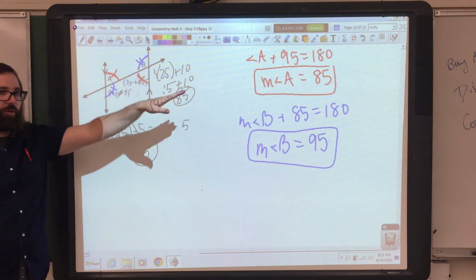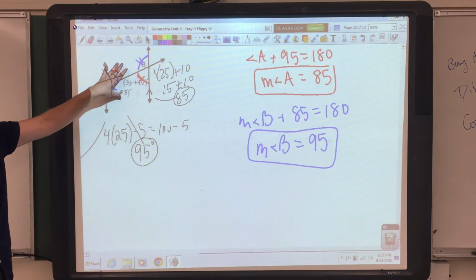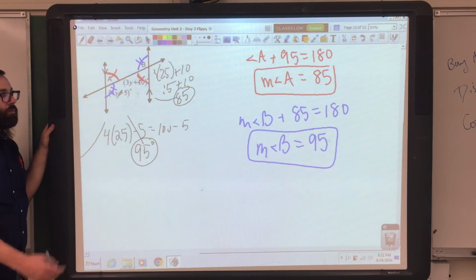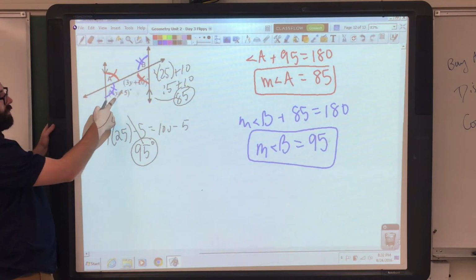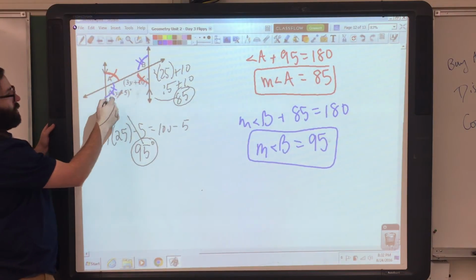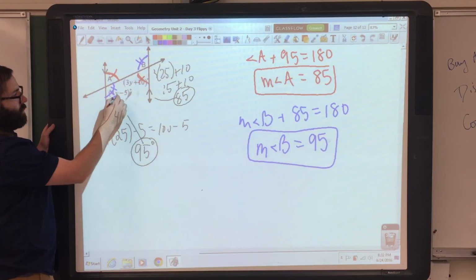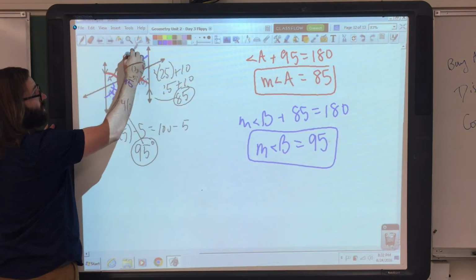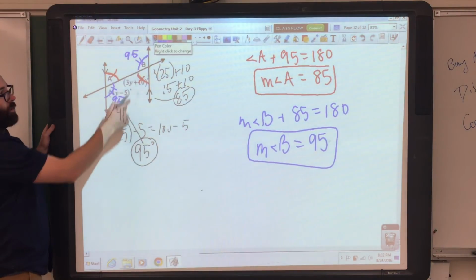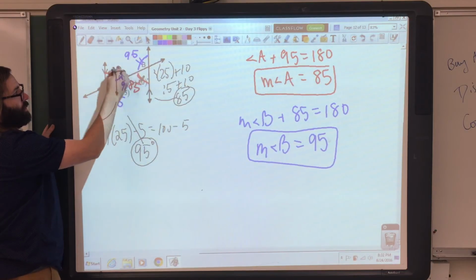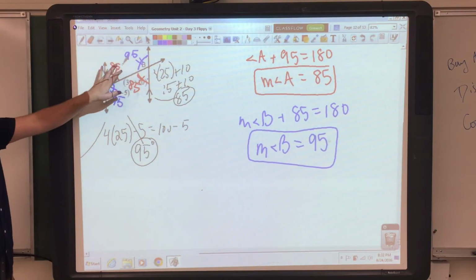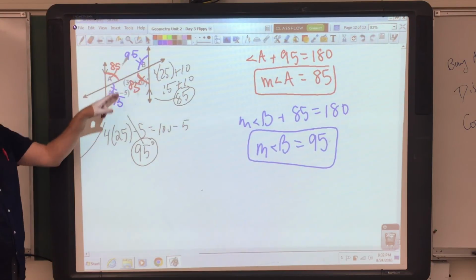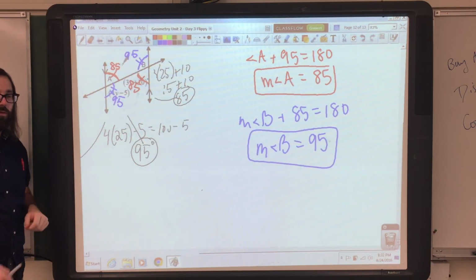Okay, so you could do it the supplementary linear pair way, or do the alternate interior angles. They both work. You notice, this guy was 95, and B is also 95. We know this guy was 85, and A was 85. So these two are congruent, they're equal. These two are congruent, they're equal.